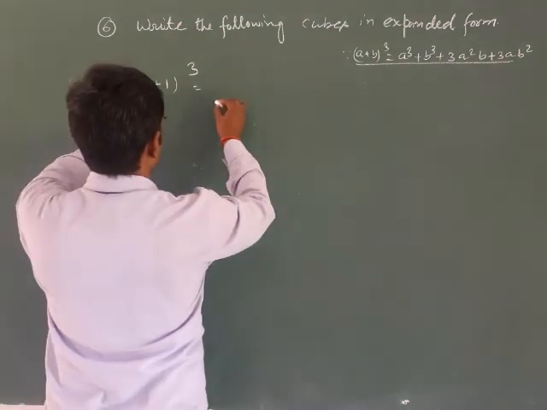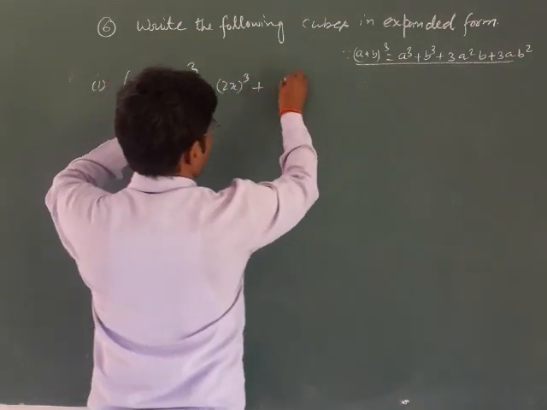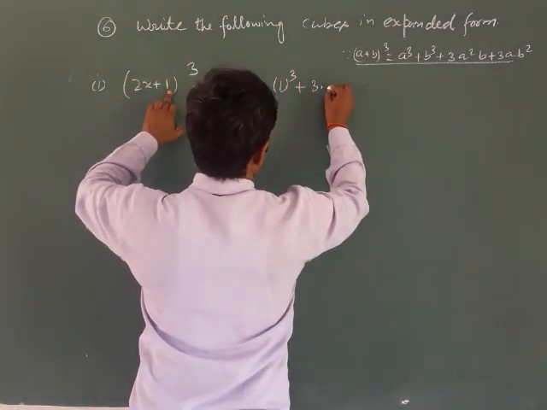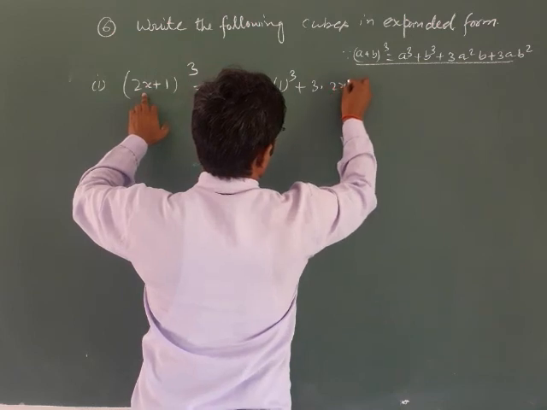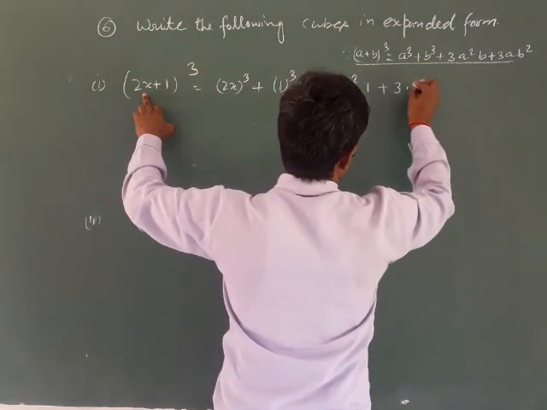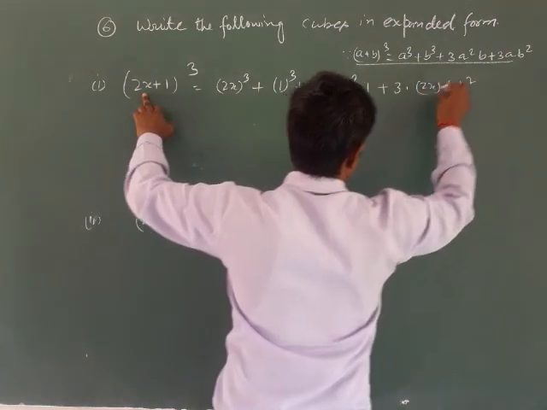So we can write (2x) whole cube plus 1 cube plus 3 times (2x) square into 1 plus 3 times 2x into 1 square.